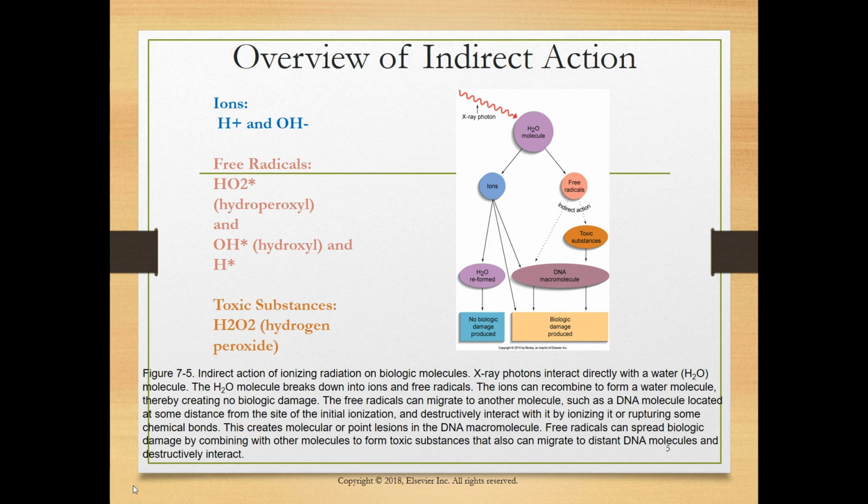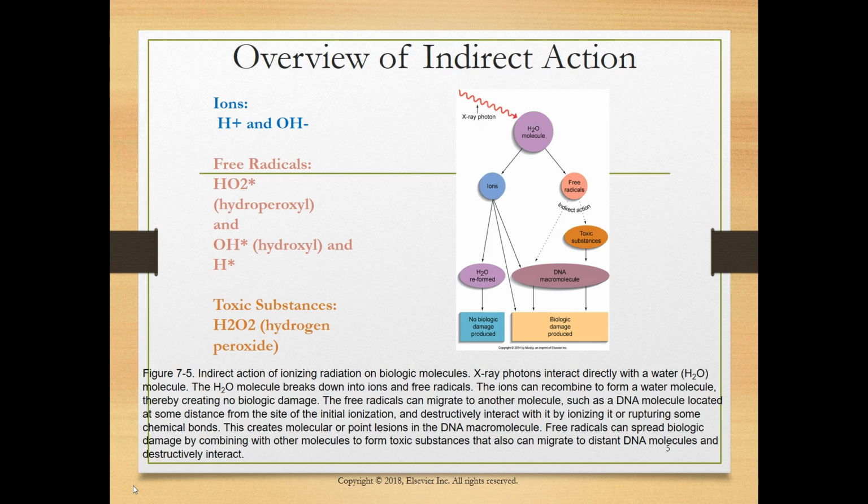And again, remember, approximately 2/3 of all radiation-induced damage is believed to be ultimately caused by this hydroxyl free radical. So that's important, remember that. Here we have hydrogen peroxide that can be formed, which is very poisonous, and we have these free radicals bouncing around that can do this indirect damage to these macromolecules, specifically DNA, RNA, protein, enzymes.